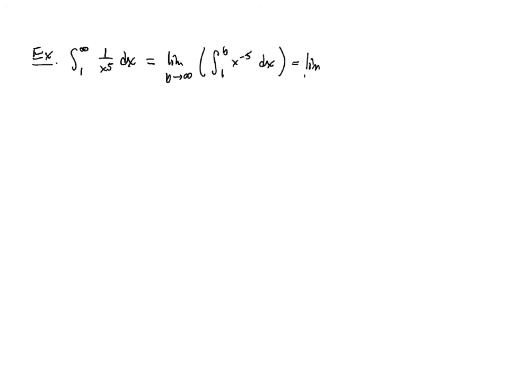So the limit as b goes to infinity of x to the minus 4 divided by minus 4 evaluated from 1 to b.